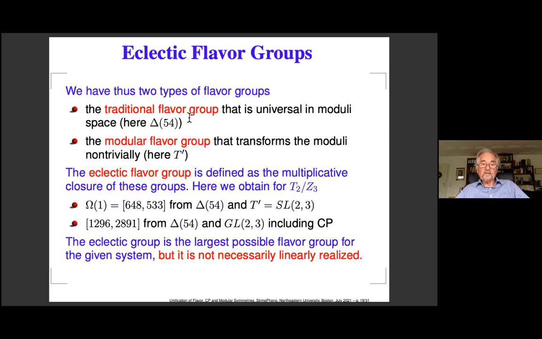So here we have, as said, the traditional flavor group. It's universal in moduli space, and there is the modular flavor group, which is T prime. The eclectic flavor group is defined as the closure of these groups. So here we obtain a group Omega(1), which has 648 elements. And if we include CP, we actually get a group which has 1296 elements.